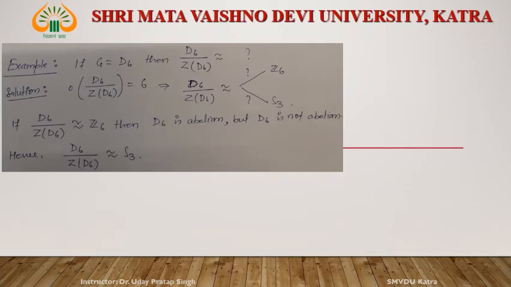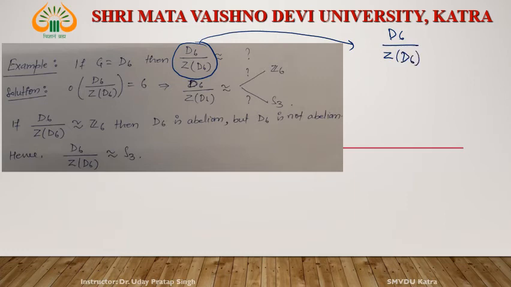Now see, if G is D6, the dihedral group of order 12, what is the structure of the quotient group D6 by Z(D6)?